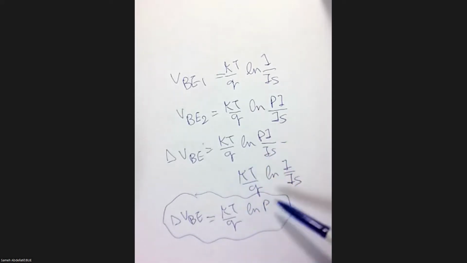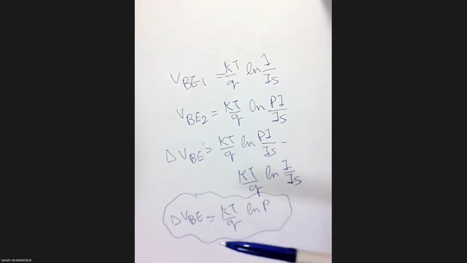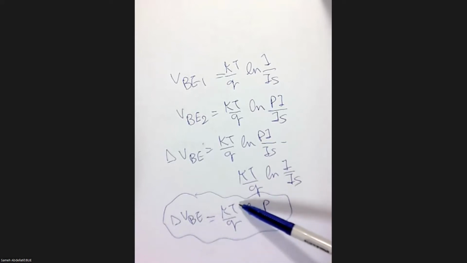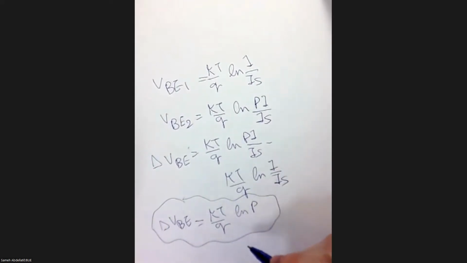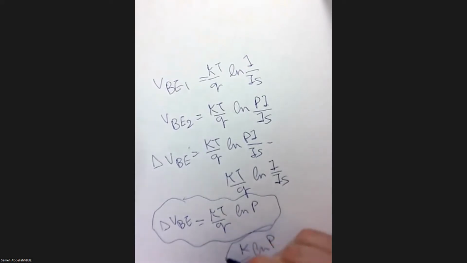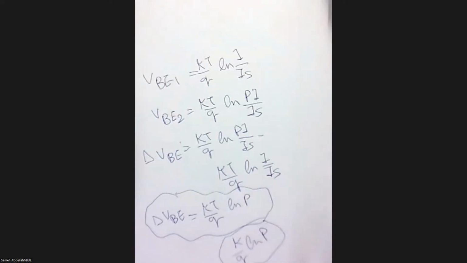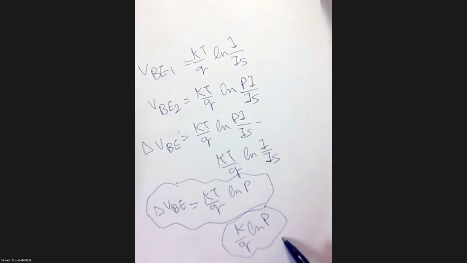So simply, as you can see here, delta VBE is directly proportional to temperature, where the constant of this proportionality can be defined as K over Q ln P. And this will be the sensitivity of your sensor.